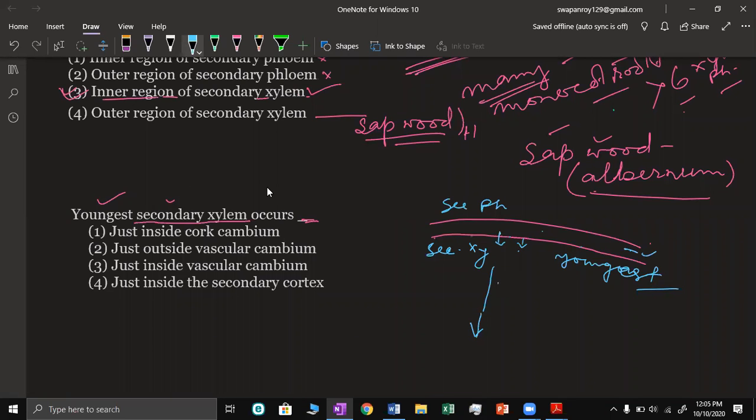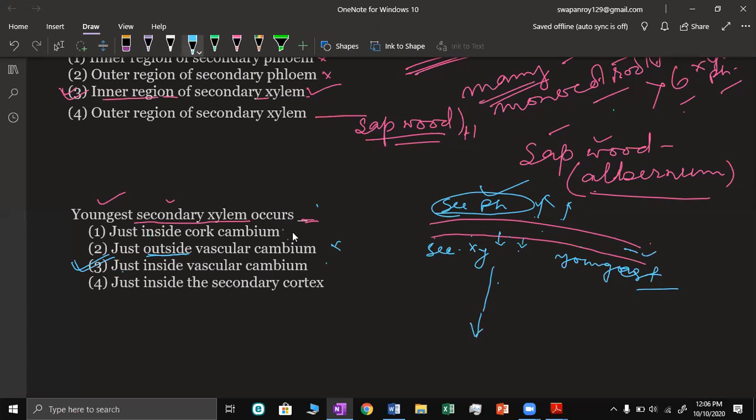So the youngest secondary xylem occurs just inside the vascular cambium. Not outside. Outside of the vascular cambium, on the outer face, it is not xylem, it is phloem, so this cannot be the answer. Just inside cork cambium?